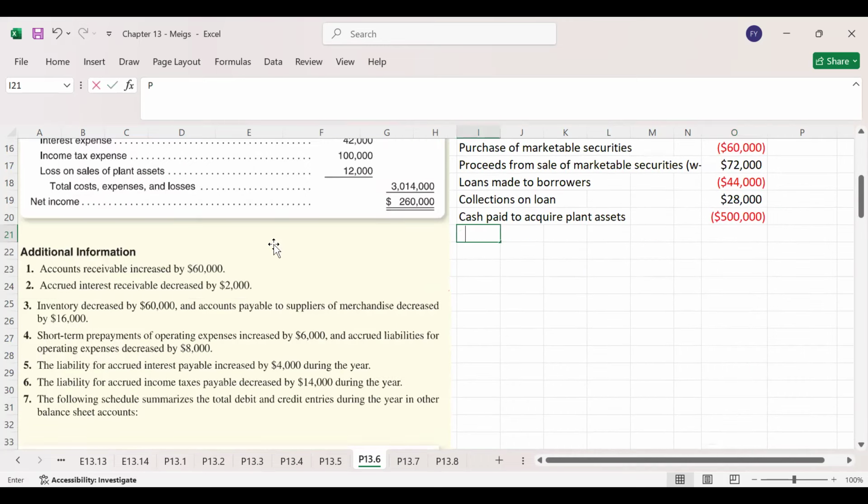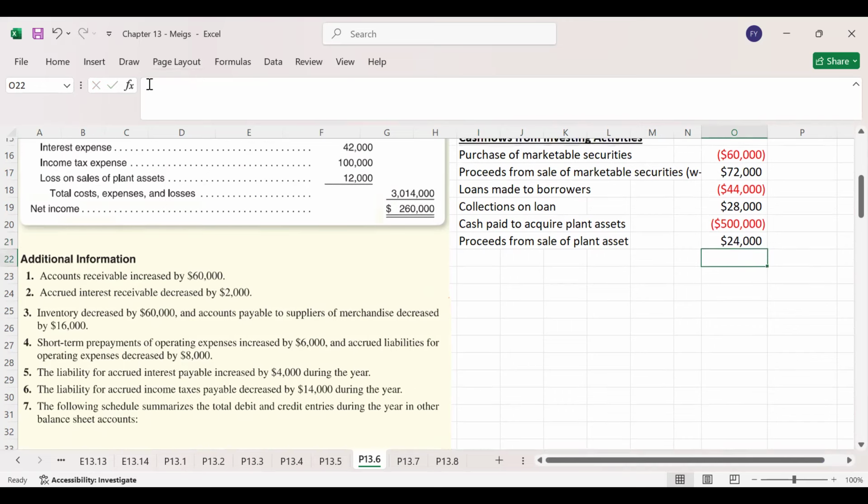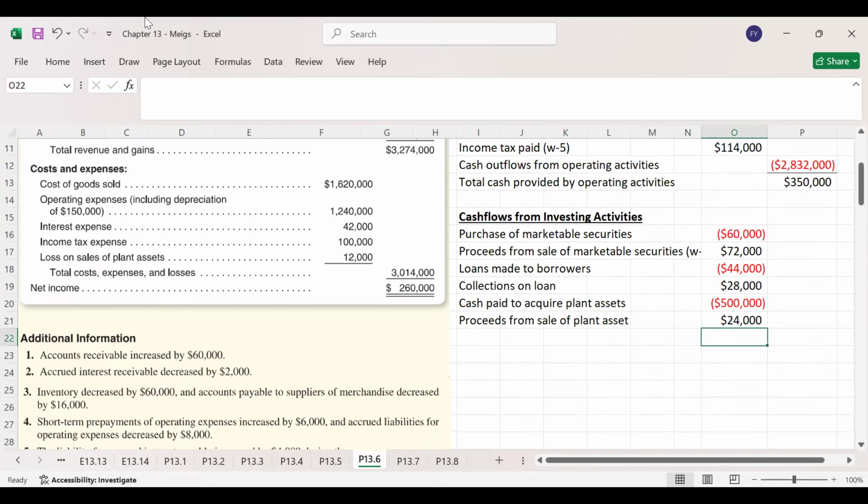We got proceeds from sale of plant assets, which is $24,000, which we have just calculated. So we are going to add all these, and the answer is minus $480,000.